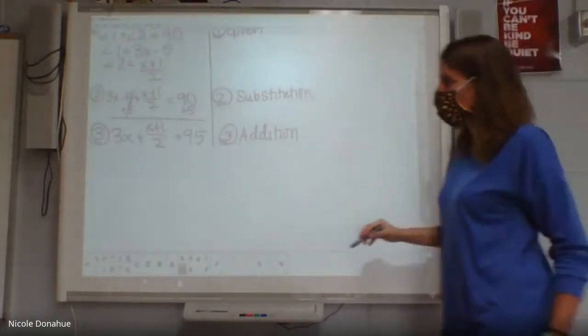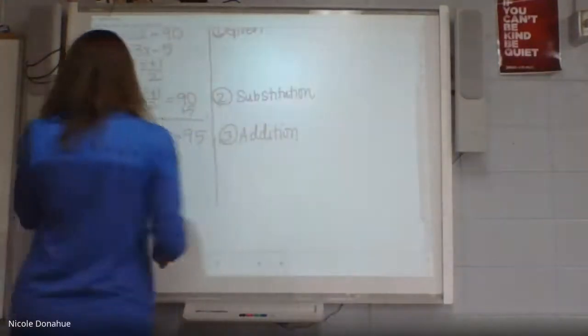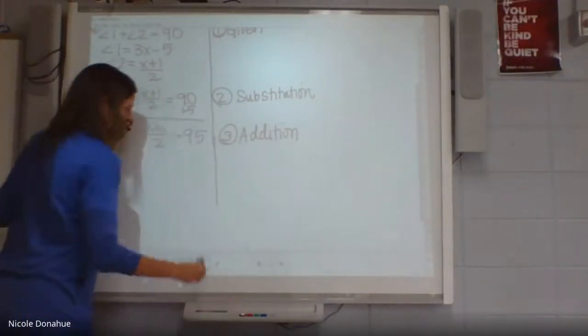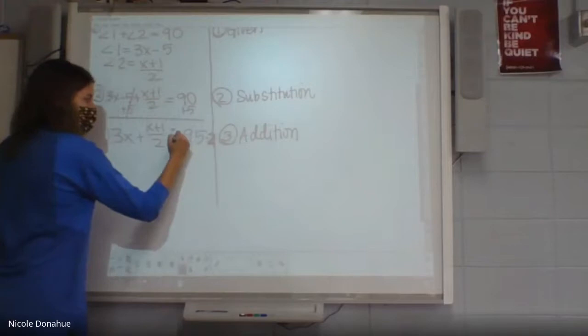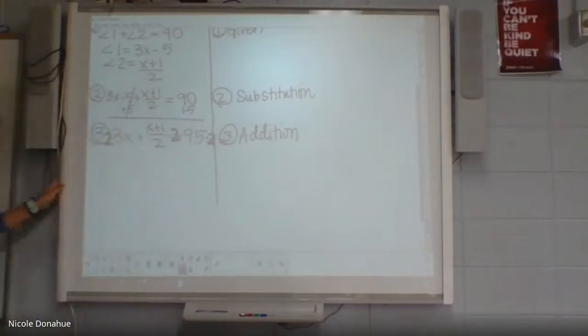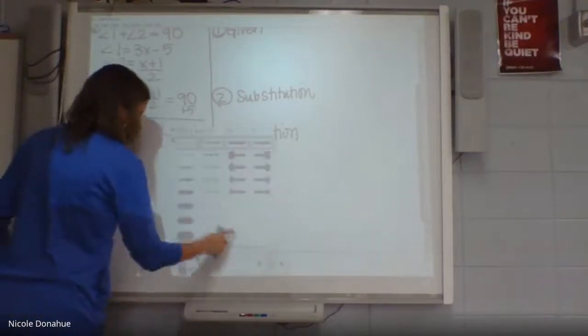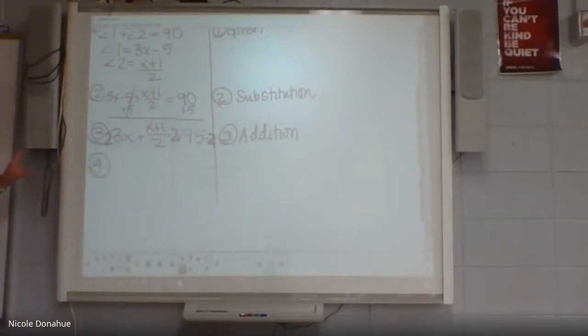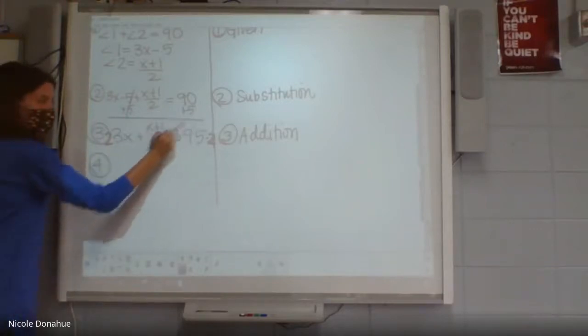So what I'm going to do is multiply everything by 2 to get rid of that divide by 2. But when I do that, I have to do this, this, and that. So the 3x has to get multiplied by 2 as well.